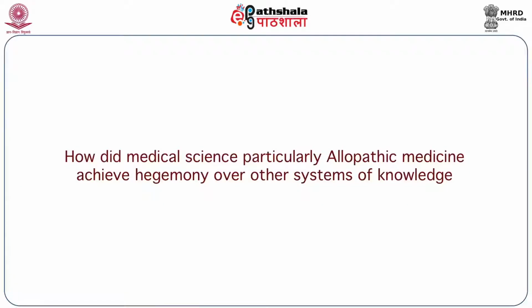So what is important is how this particular medical science, which is only 200 years old, achieved dominance and complete hegemony over all knowledge systems. That is an important question. How did medical science, particularly allopathic medicine, achieve hegemony over other systems of knowledge?